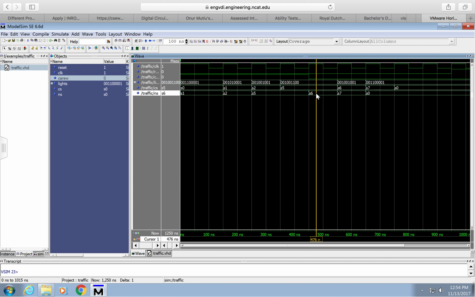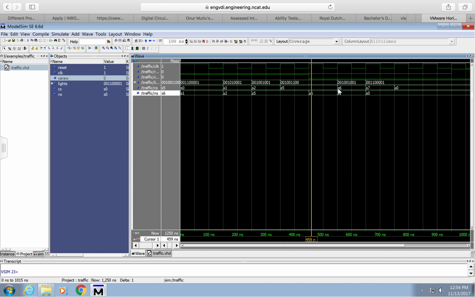When I'm at state 0, I had to change the value of my car being detected to 0. And when I was at state 5, I got 0. I had to go to state 6.